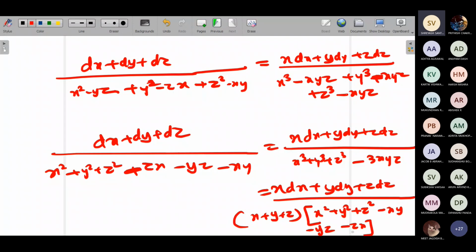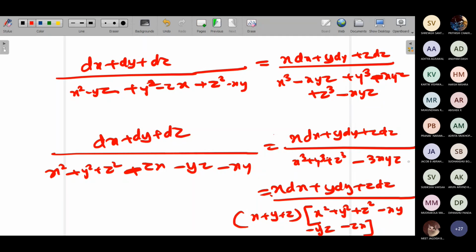Yes, x cube I'll get, y cube I'll get, z cube I'll get, that is for sure. So I should get 3xyz. So I'll get minus x square y minus y square z minus z square x and the combinations, so that will get cancelled. So once you multiply this, you will get back this term, because it's a formula: a cube plus b cube plus c cube minus 3abc.